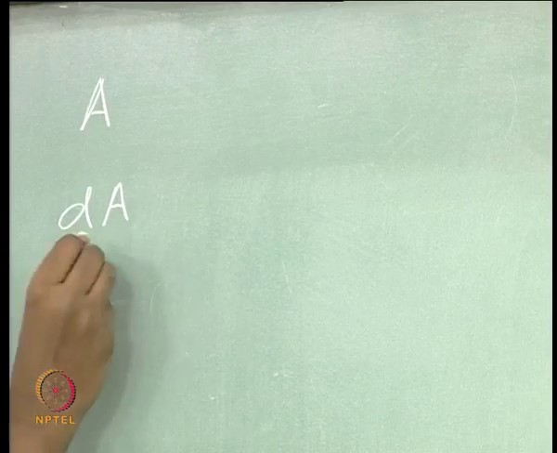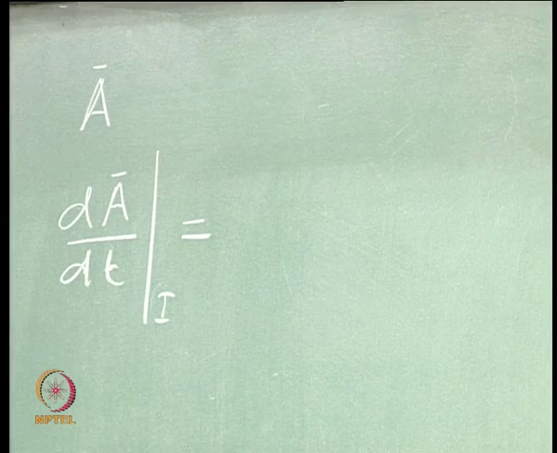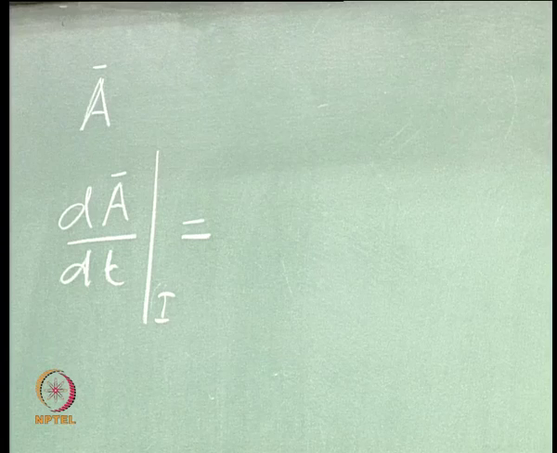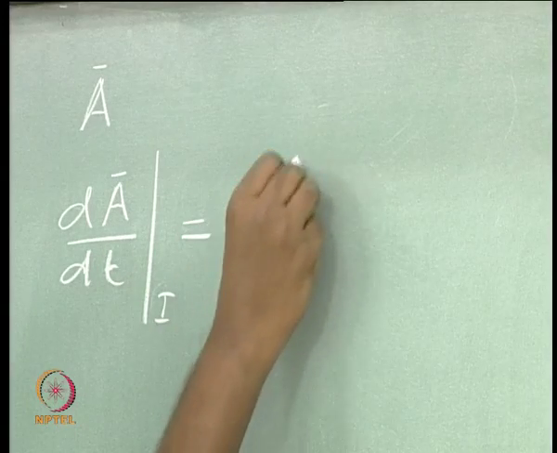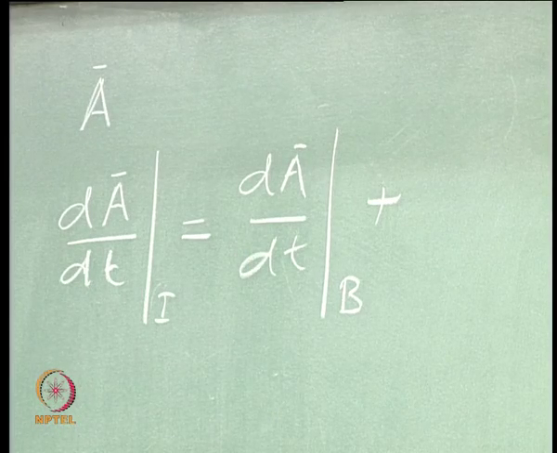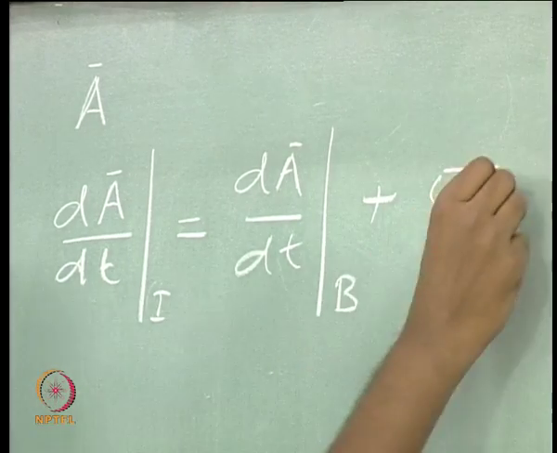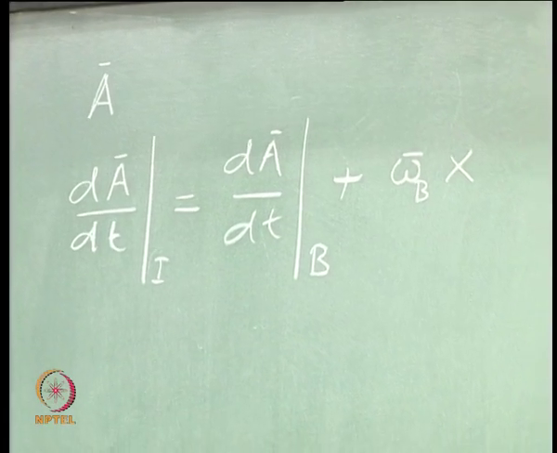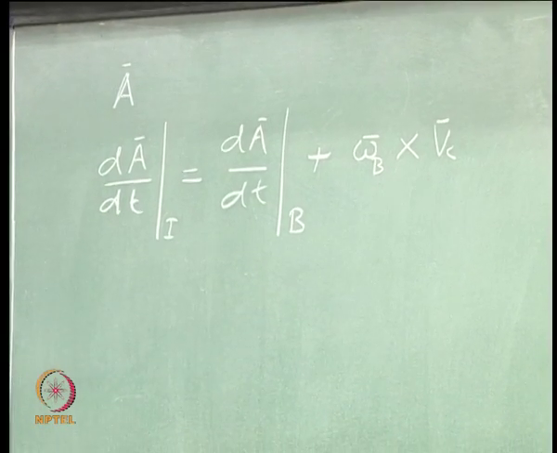rate of change of that vector as seen from the inertial frame is going to be equal to rate of change of that vector as seen in the body, plus omega cross A, all right.